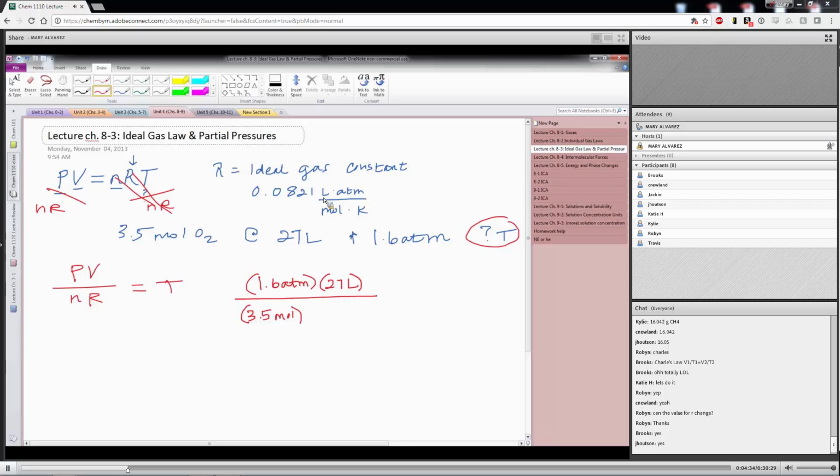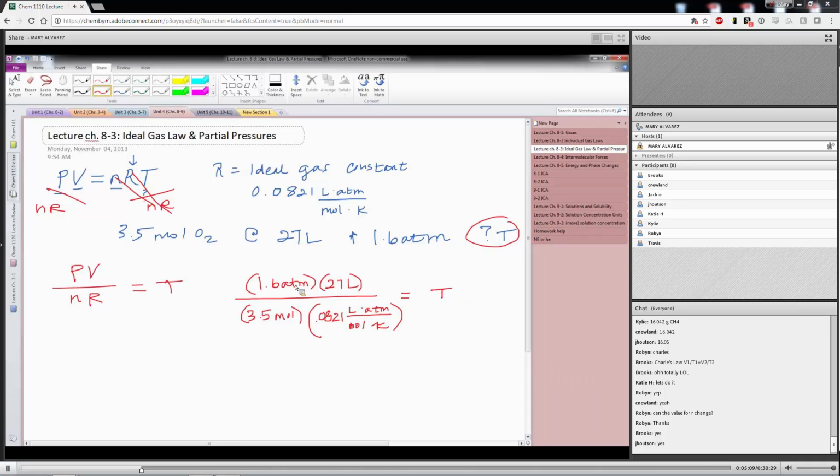I just plug this whole thing in, 0.0821 liters times atmospheres divided by moles times Kelvin. Now, I often have students that try to then plug in the 27 liters here. Don't do that. This isn't saying volume, it's saying this is units of liters that applies to that number. So don't do that. So this should equal T.